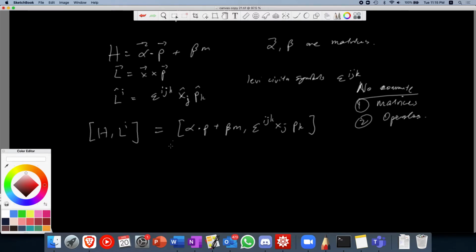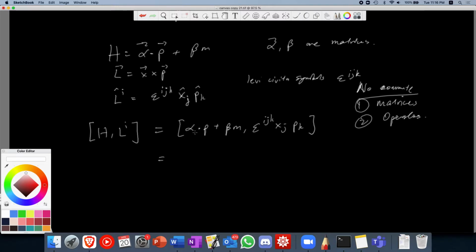So what do we see over here? We see that alpha is a matrix, p is an operator, beta is a matrix, m is a scalar only. On the right hand side we have no matrices, only operators. So what this means is that the matrix is in a sense blind to this commutator.